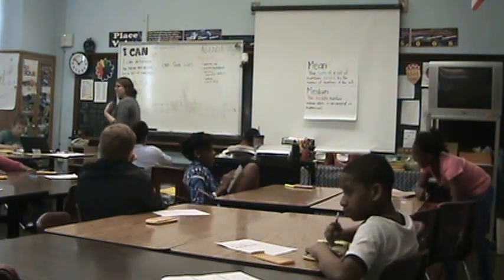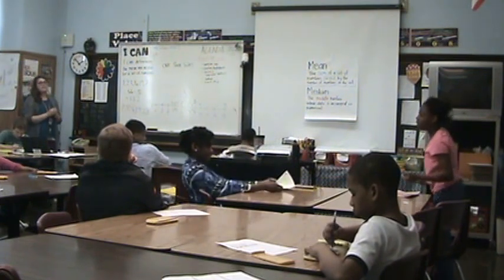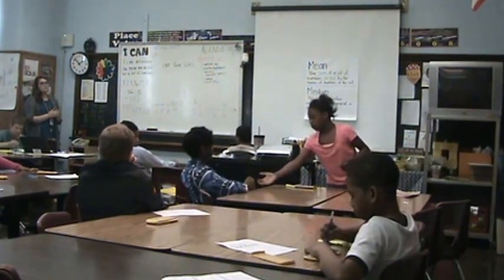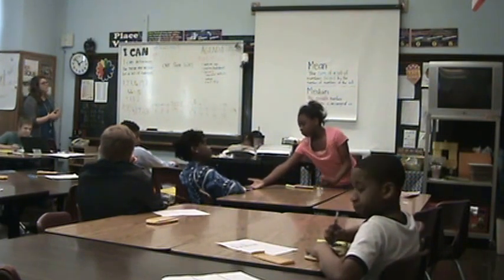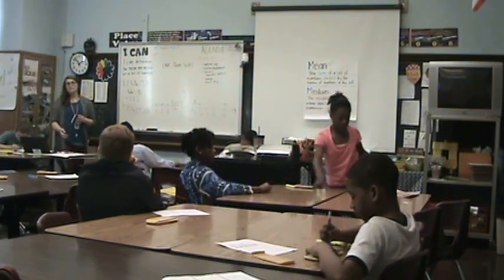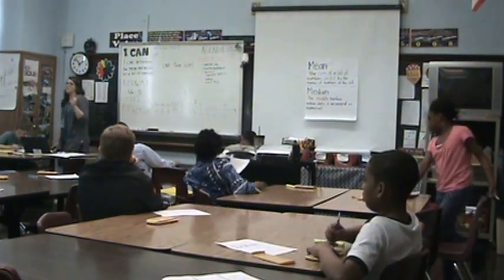Alright, we have a set of data. Everyone look up at the board. Now, the first thing we need to do is find the mean of our data set. What is the first thing we have to do with our numbers to find the mean? Raise your hand if you can tell me.